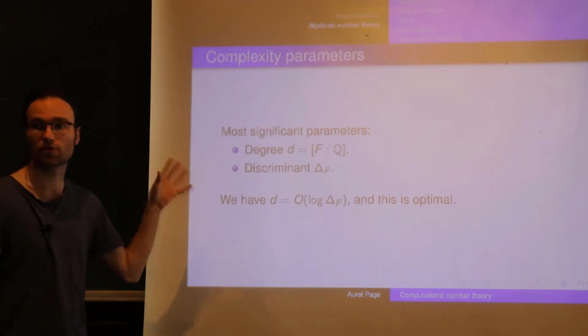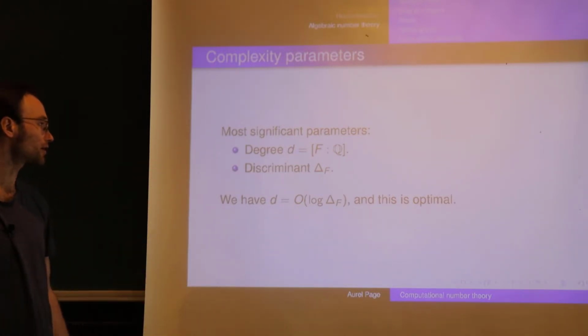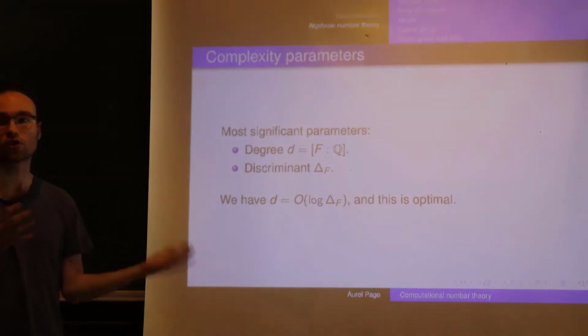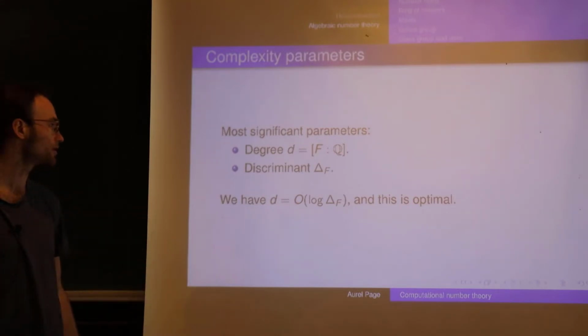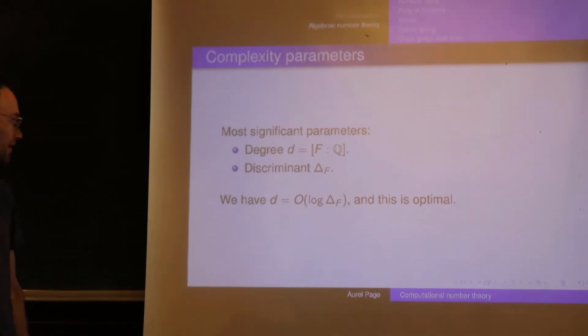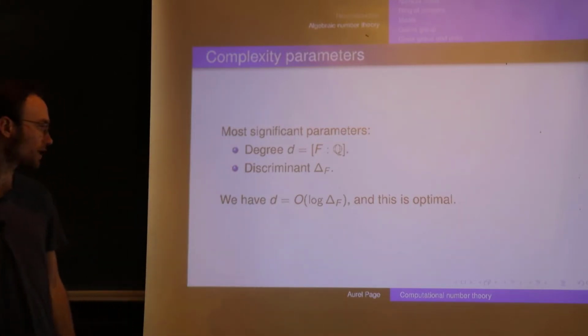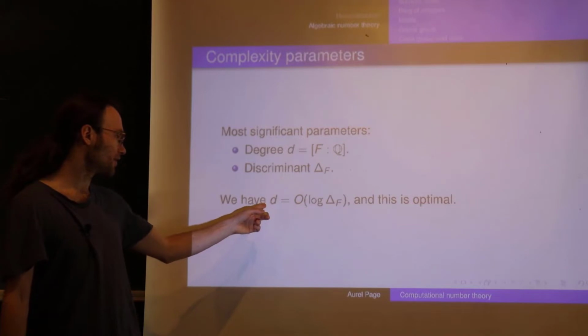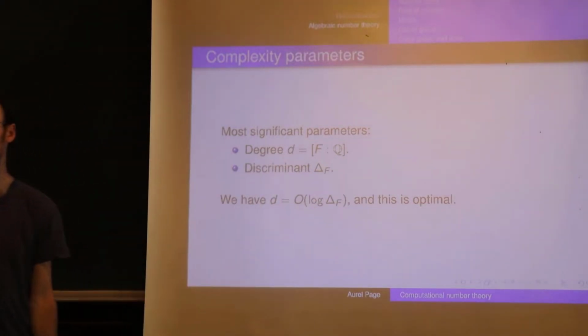Sometimes it's even more complicated. The behavior of some algorithms is not completely clear, and there can be more things that play a role. So we will not always have a very clean complexity statement, but we will do it when we can. Another comment about these two parameters: you can actually prove that the degree is bounded by some constant times the log of the discriminant.